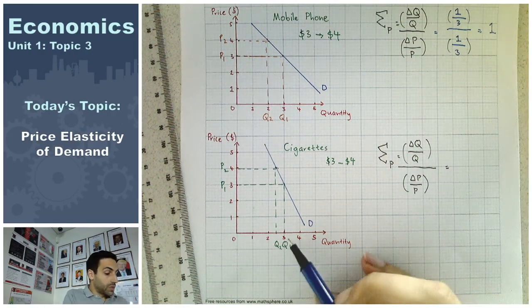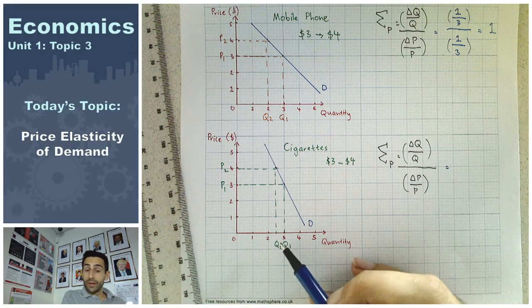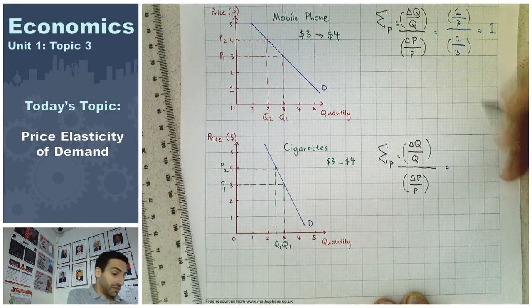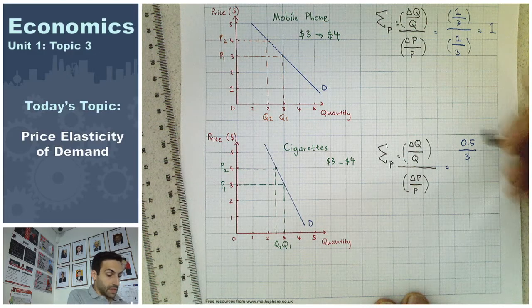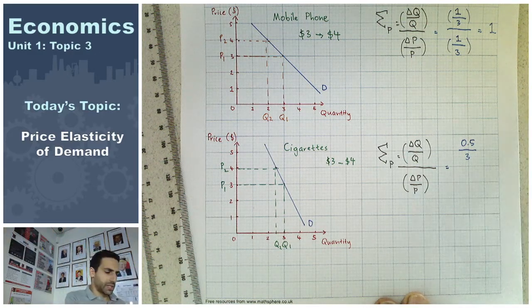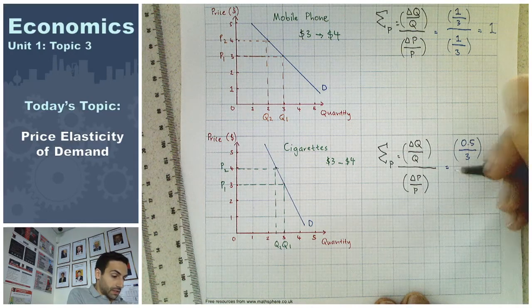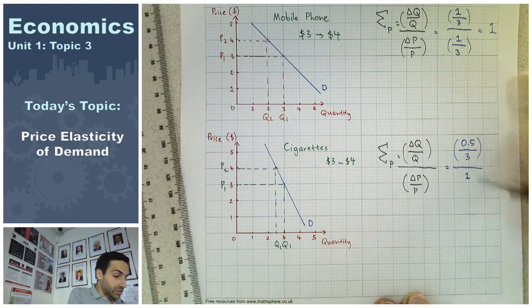The change in quantity: quantity demanded has gone down by only 0.5, the difference between 3 and 2.5. The original quantity demanded was 3. Divide that by the change in price. Price has gone up by $1.